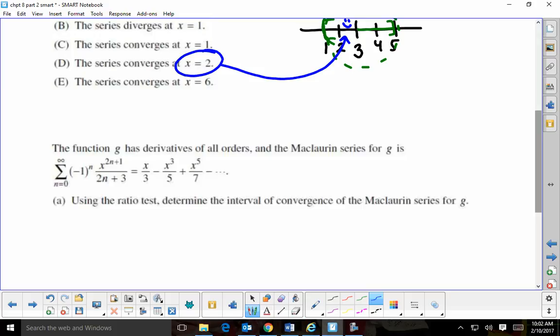Okay? Alright, this one right here was from a free response, but it was only part A. And this was worth, I think, 5 out of the 9 points. So if you get something that's already saying, find the interval of convergence, and that is all, and it's worth 5 points, you are like, thank you! Because you're going to see some that are pretty challenging and hard, and you're like, what are they asking me?